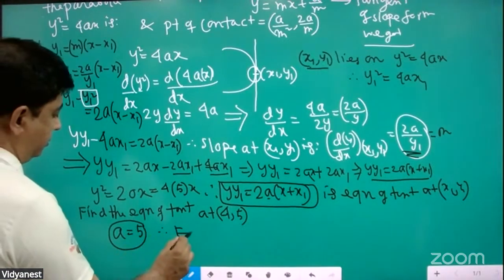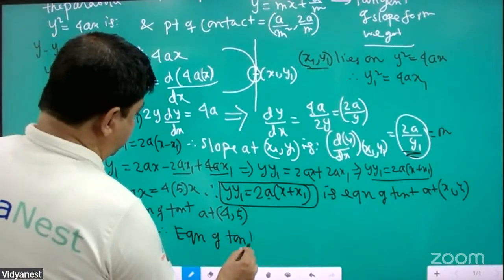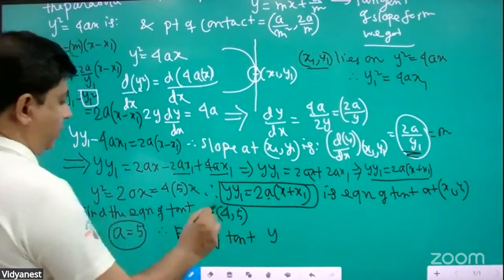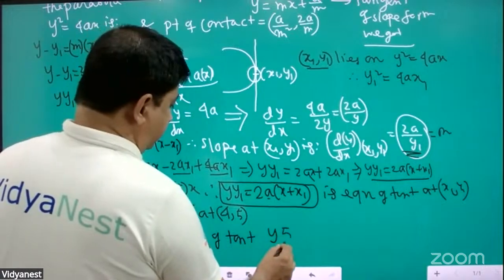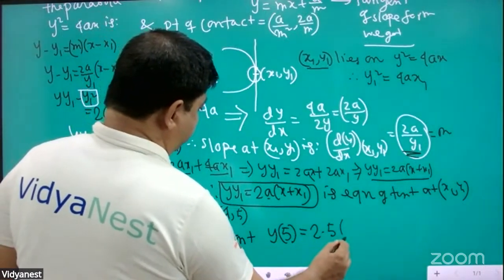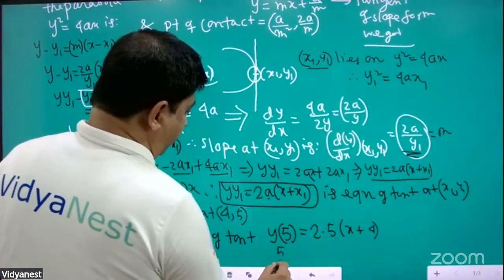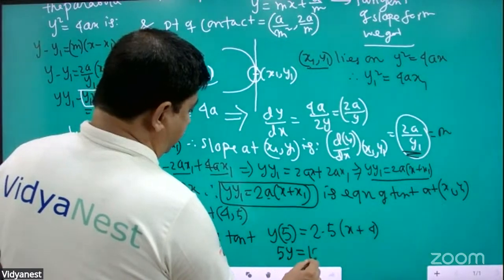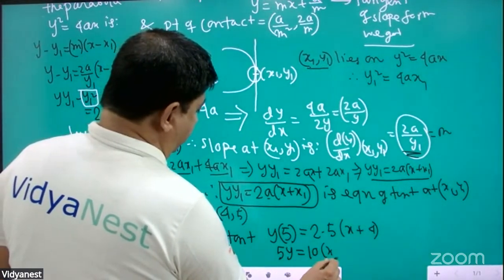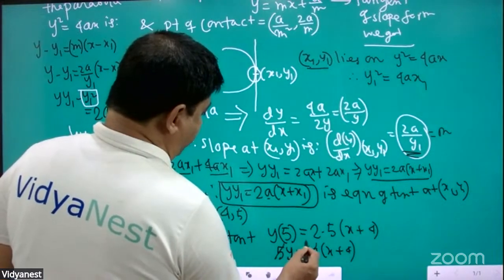Therefore, the equation of the tangent is y y1 = 2a(x + x1), that is 5y = 10(x + 4), and the 5 will get cancelled.